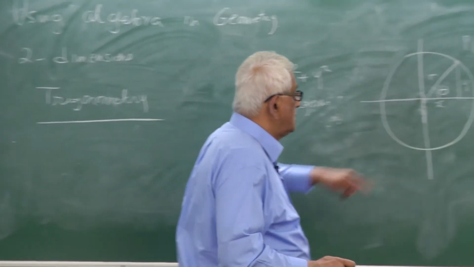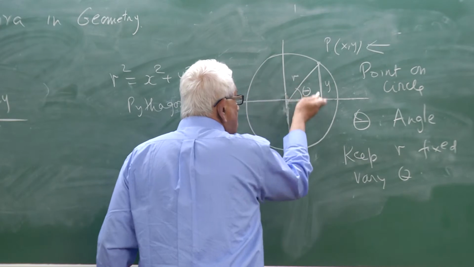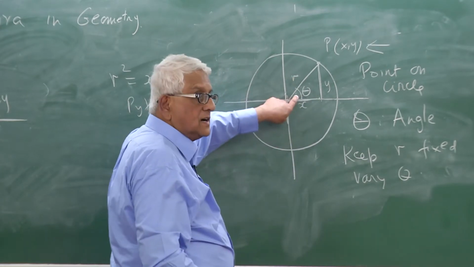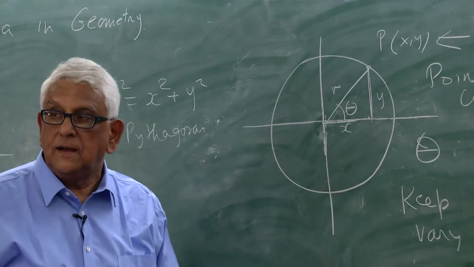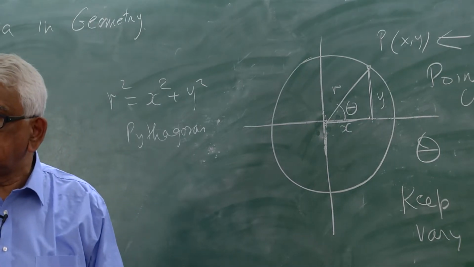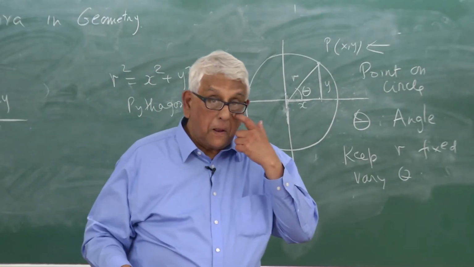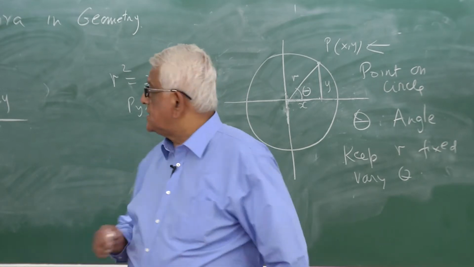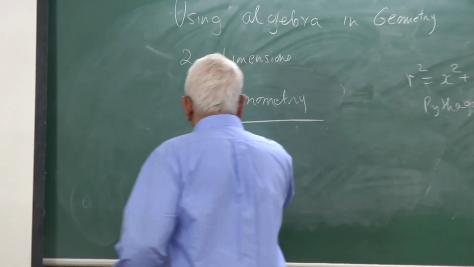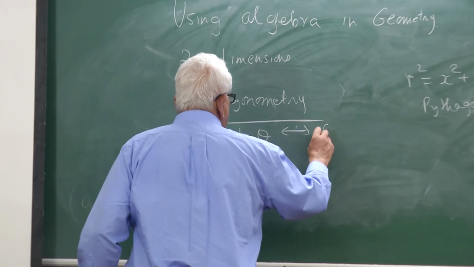So the idea of trigonometry is that this opening thing, which is theta, it is convenient to replace theta by a function of theta, okay? So this is a very powerful idea. You're saying that instead of talking about theta, I will use a function of theta. The angle theta replaced by a function.